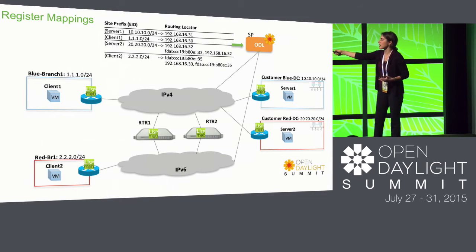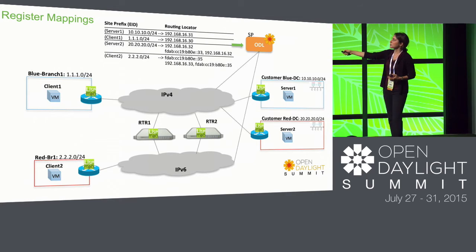So this says that you can reach server 2 or the data center of customer 2, any address within that space, over v4 going to this address, or over v6 going to this address first, and then finally you will reach there.